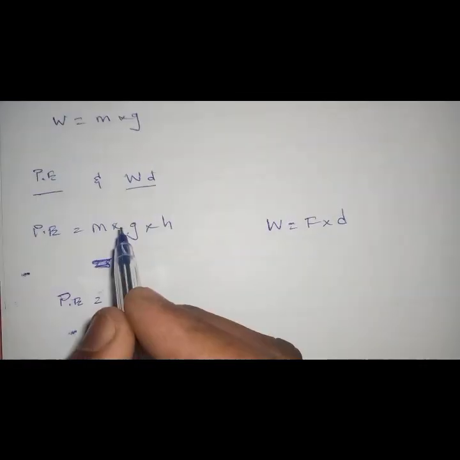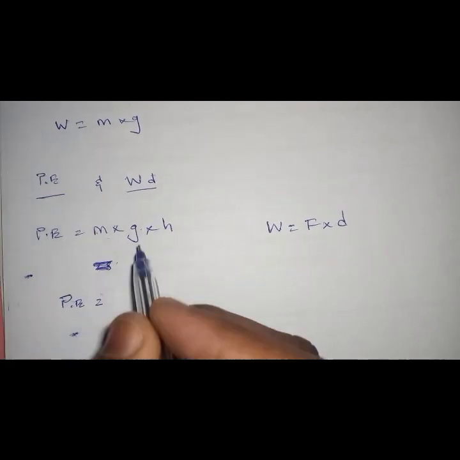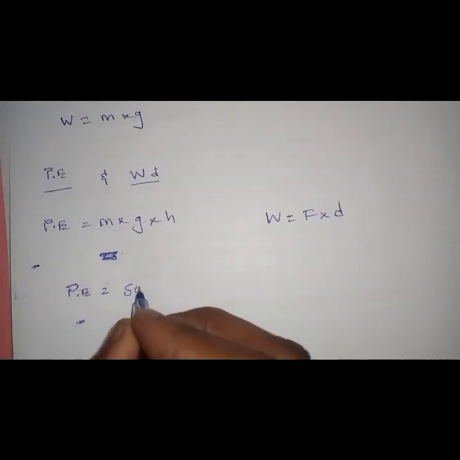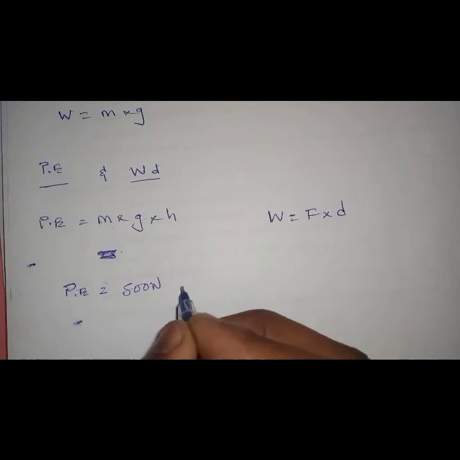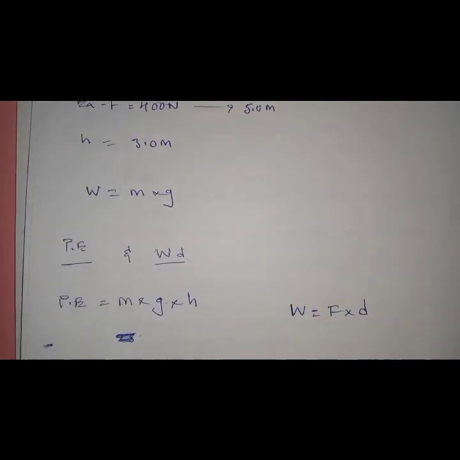So the whole thing, mass and acceleration, can be replaced by the 500 Newton, because that's the weight, then multiplied by the height, and our height happens to be 3.0 meters.